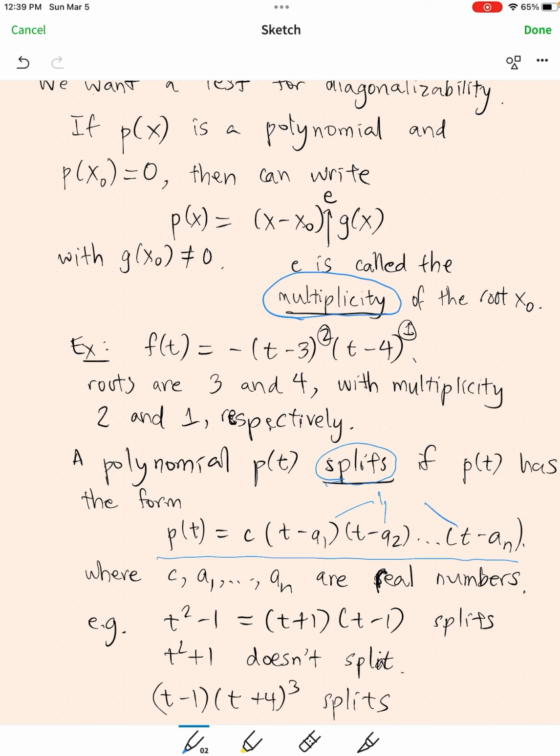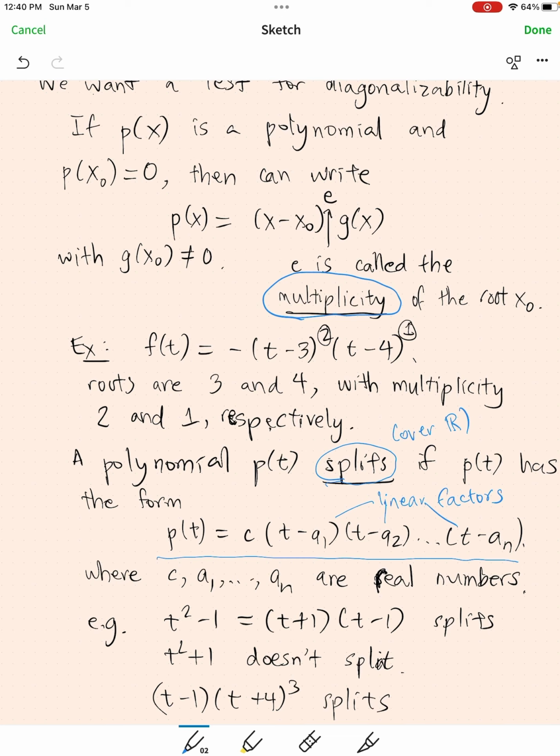So these are linear factors, where these constants are real numbers. So technically it should be splits over the real numbers, but that's something I'm sort of sweeping under the rug.